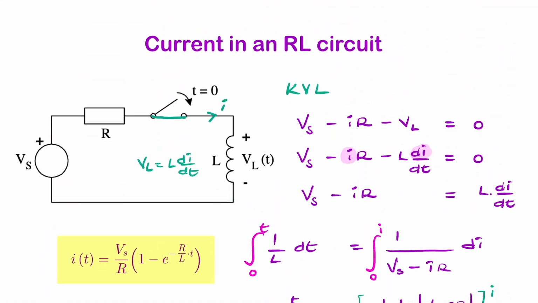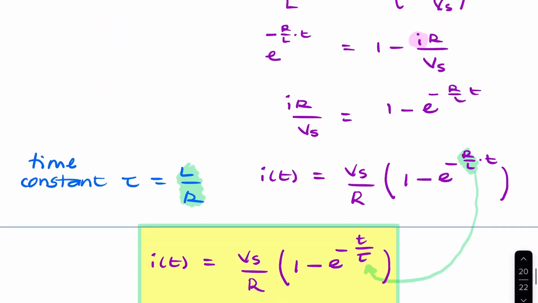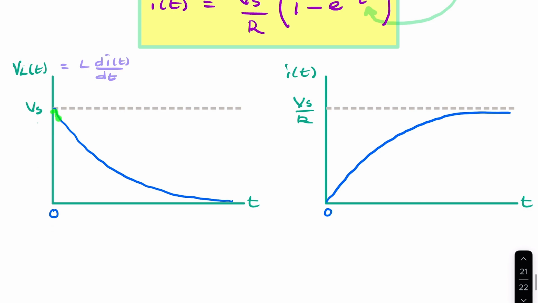So at t equals 0, there's no current passing because this is acting as an open circuit. So the potential here is equal to the potential there, Vs. So that explains that shape there. So this is the gradient of that. So it's di by dt.